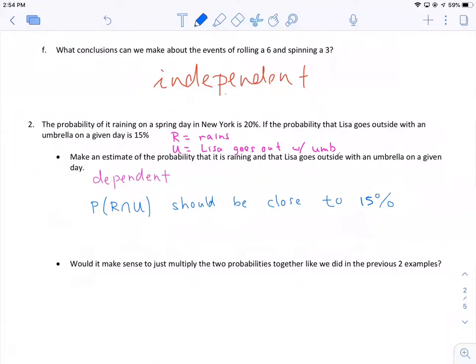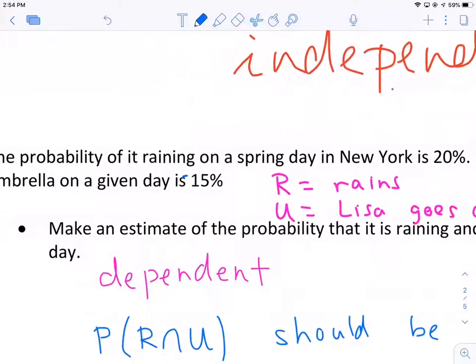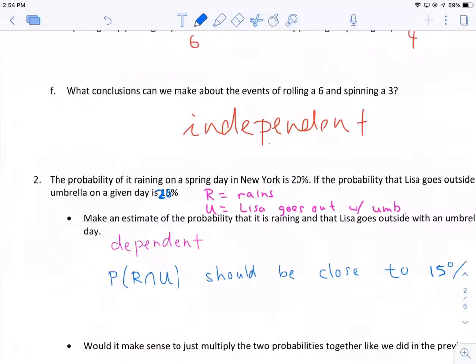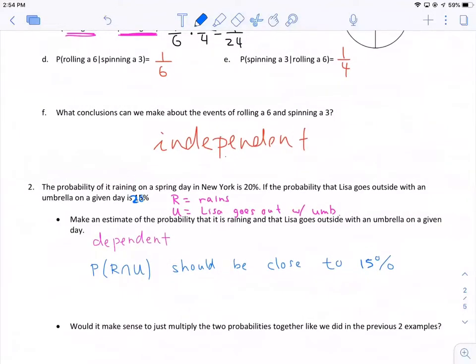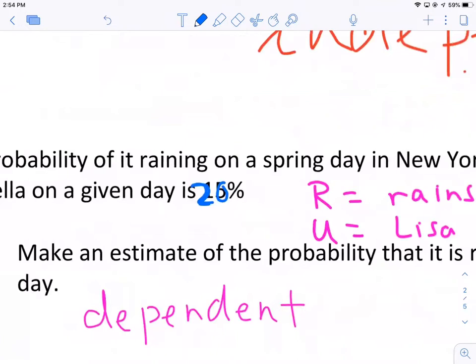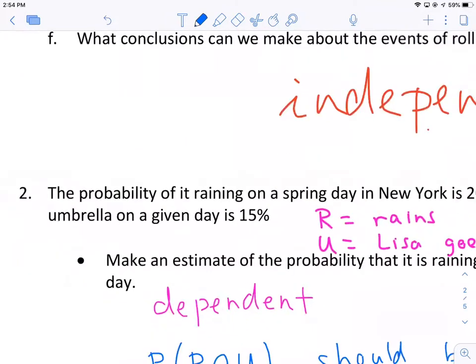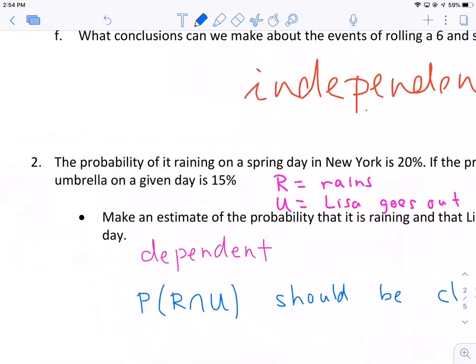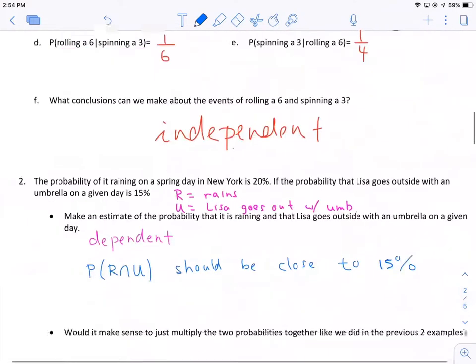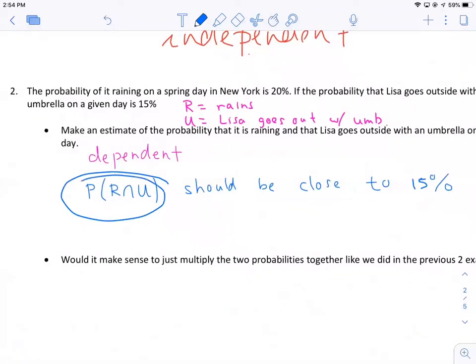If this were also 20%, it would probably mean that every time it rains, Lisa goes out every single day and she always carries an umbrella. So the fact that this is less than 15% means that she probably doesn't go out every single day. But if it were raining and she goes out, she's probably going to carry an umbrella. So the probability of both should be close to 15%, all right?